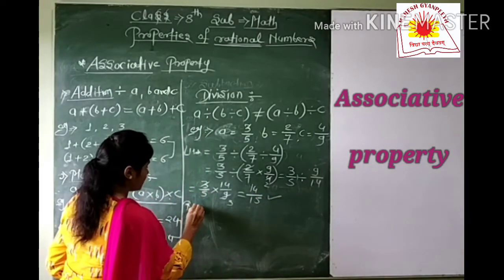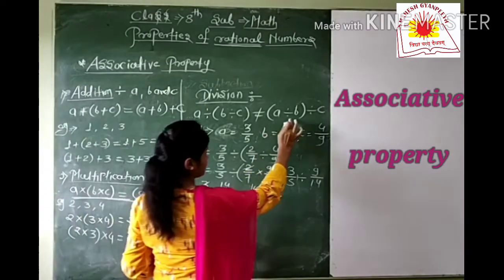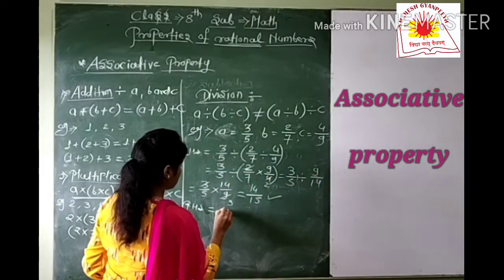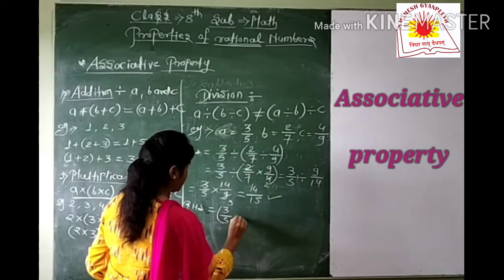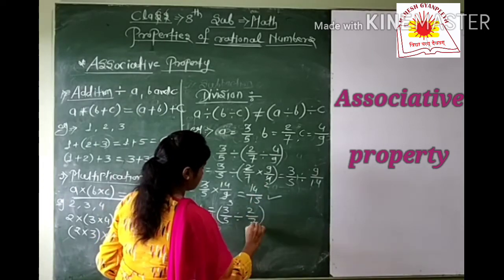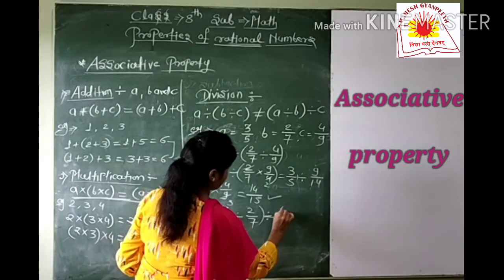Now the RHS side. Now we have to solve the RHS. What is that? In bracket A divided by B, divided by C. A is 3 upon 5, in bracket 3 upon 5 divided by B, which is 2 upon 7, divided by C, which is 4 upon 9.